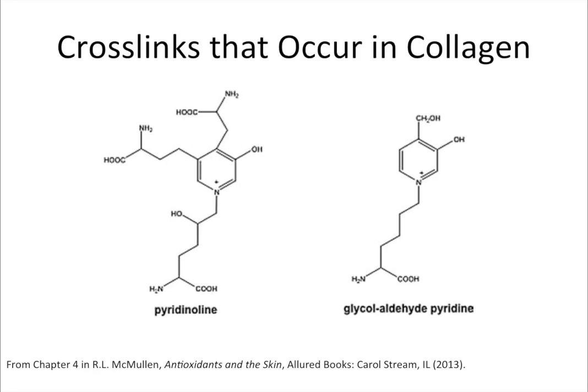This enzyme actually needs vitamin C to fulfill its duties, which again is to hydroxylate proline, forming hydroxyproline. There are some more details associated with this process, but I think we'll keep it to that for our discussion in this class right now.